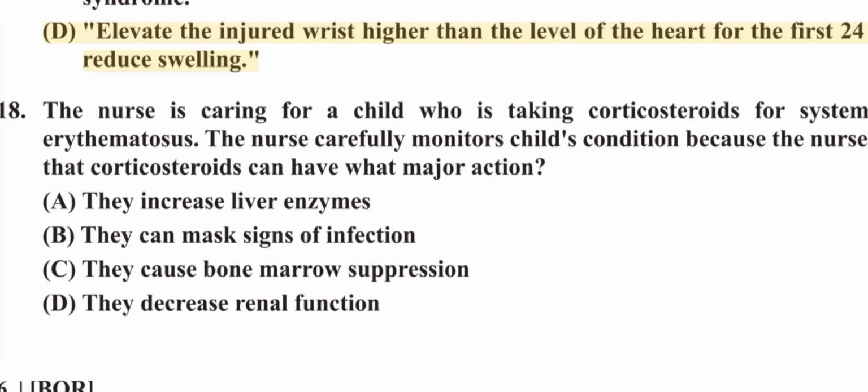They increase liver enzymes, they can mask signs of infection, they can cause bone marrow suppression, they decrease renal function. Answer is they can mask signs of infection.